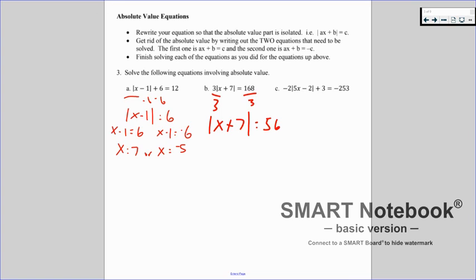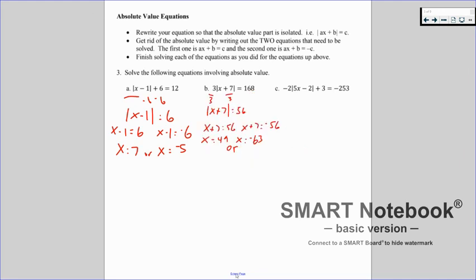So we're going to rewrite that as 2 different equations. x plus 7 could equal 56, and x plus 7 could equal negative 56. Subtract 7 from both sides. So I subtract 7 from 56, and I get 49. And minus 7 from negative 56, and I get negative 63. And again, those are linked with an OR.